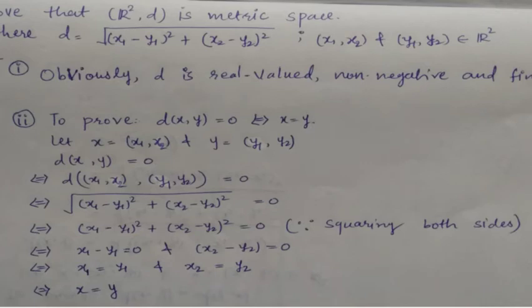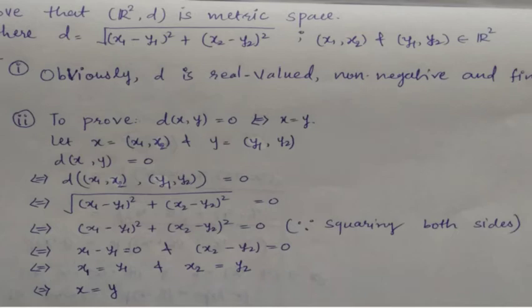So we have to prove that this space R2 with this metric d is a metric space. For that we have to prove four properties. The first property is that the metric d is real valued, non-negative and finite.